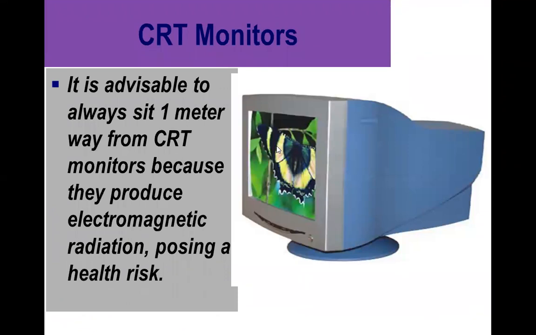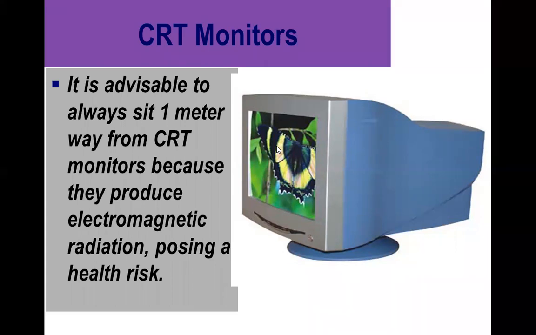So that is the image of a cathode ray tube monitor. And one of the measures when we are using these monitors, we are always advised to sit at least 1 meter away from a cathode ray tube monitor, because they produce electromagnetic radiations posing health risks.